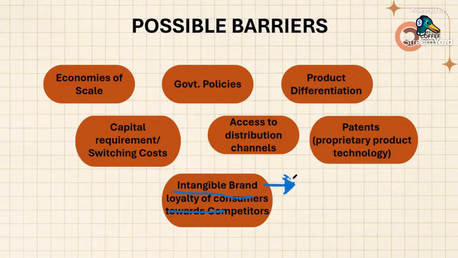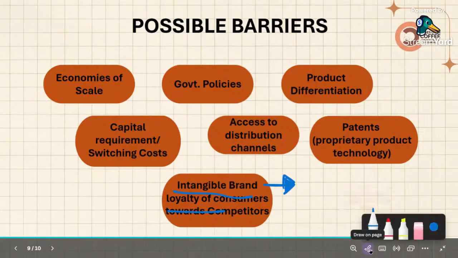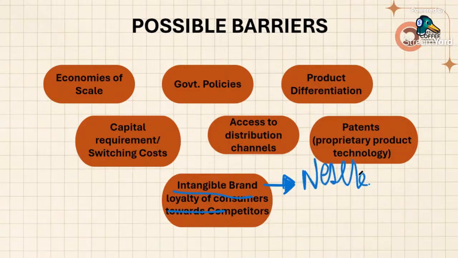So even though a new entrant enters the market, they won't be able to gain much market share. One example that comes to my mind is Nestle Maggi. Nestle Maggi holds the majority of the market share, and it is very difficult for any other brand to enter the space because of the loyalty of consumers towards Nestle.